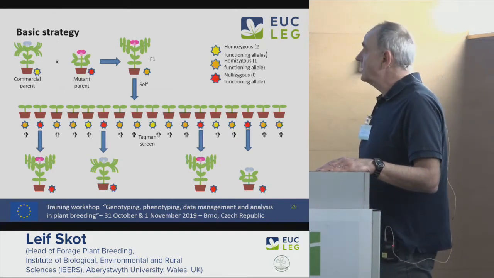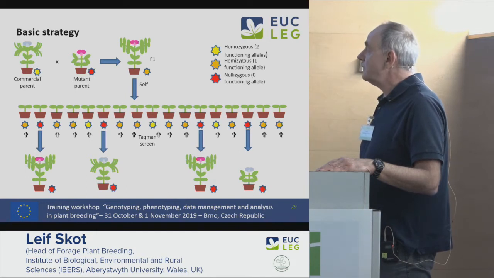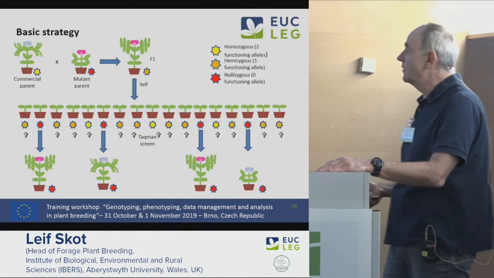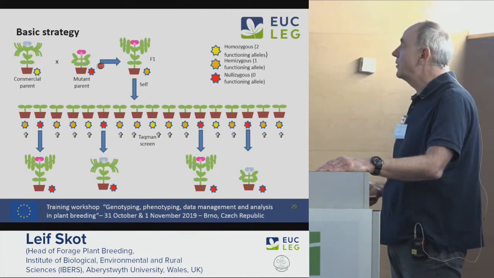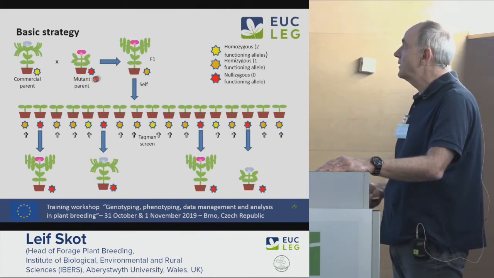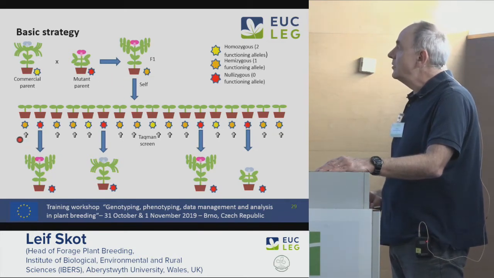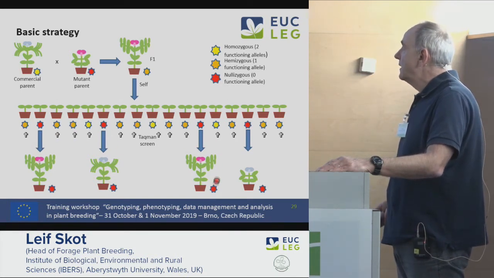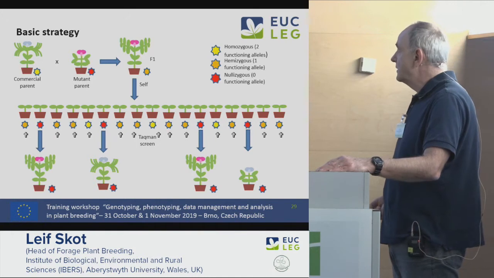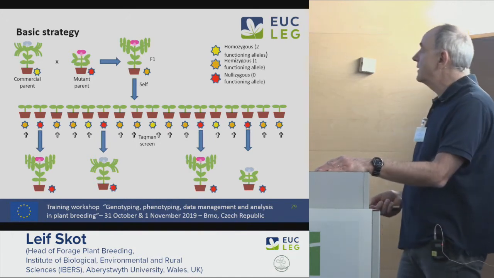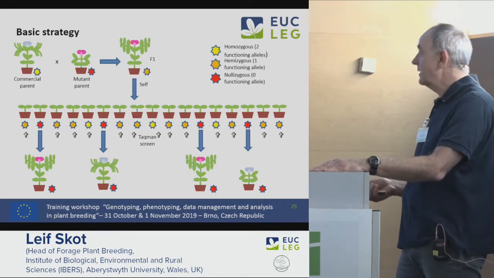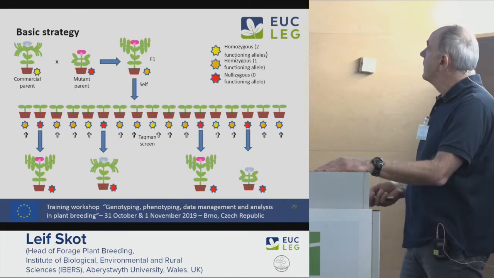So that's the basic strategy. You have your commercial parent, which has this yellow star for the locus in question, and your mutant parent in red. You get the hemizygous, and you select only the ones in the F2 that have the mutation in a homozygous state, using your TaqMan to select that at an early stage.